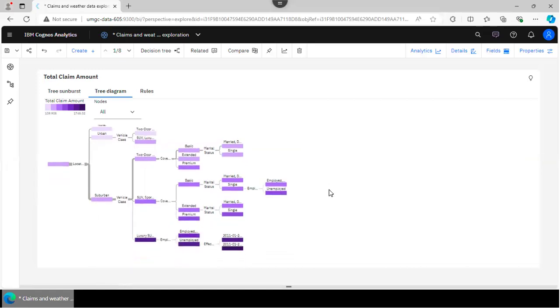Then take a look at this. Vehicle class is used as the next splitting criteria. And if my vehicle is a luxury car, take a look at the total claim amount. It's over $1,000, but I have only 3% of data to which this rule applies, right?